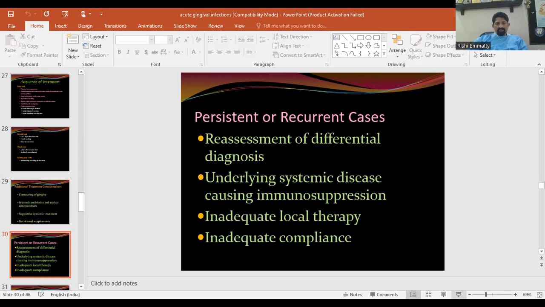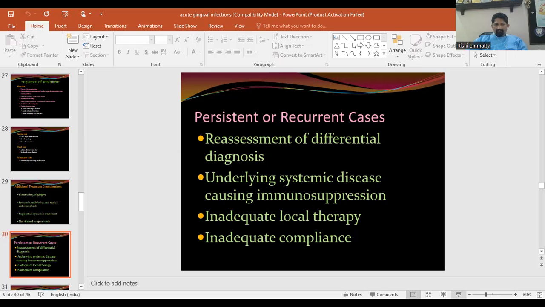And in persistent or recurrent cases, you should do a reassessment of your differential diagnosis, because you want to check whether your diagnosis has gone wrong. Underlying systemic diseases causing immunosuppression should be identified, and any other systemic conditions causing it should be treated.